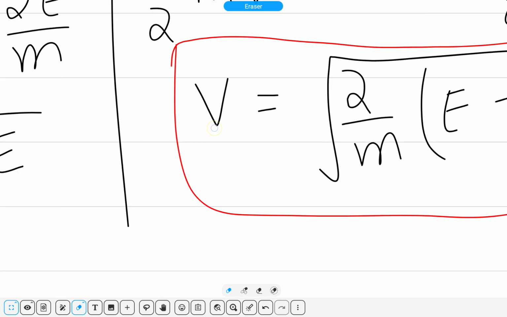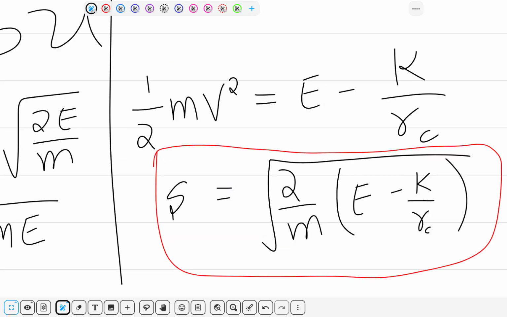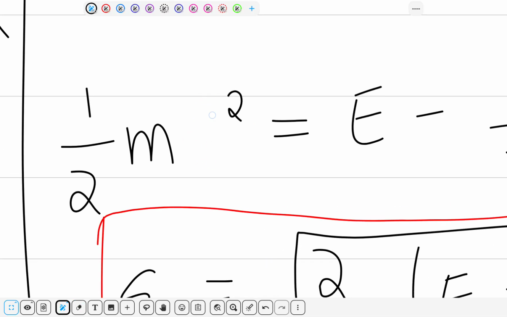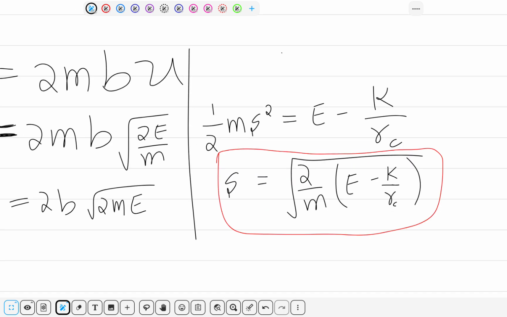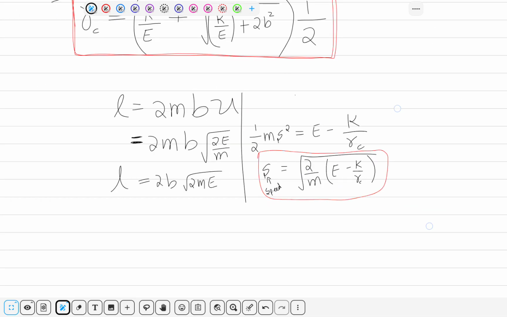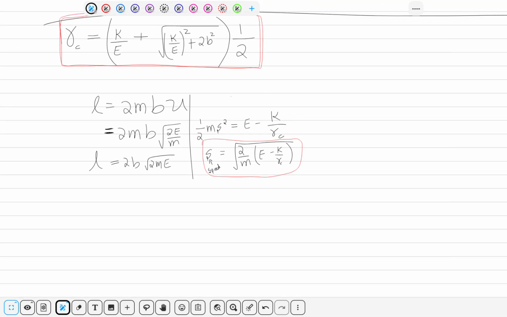I think I will use S for speed, so why not an S? And so next is the speed.